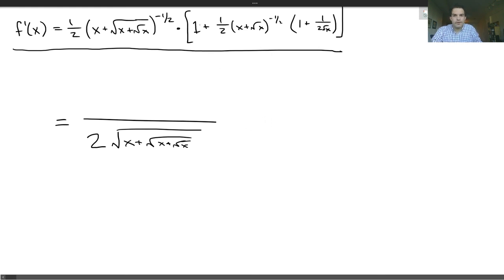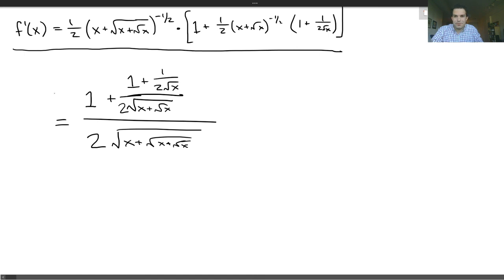And now what do we have on top? We have a 1 plus something, so I'll make a giant 1 plus, and now we have some stuff over square root x plus square root of x, and we had a 1/2, so I'll put the 2 in front. So 2 square root x plus square root x. And now on top of that, we have 1 plus 1 over 2 square root of x.